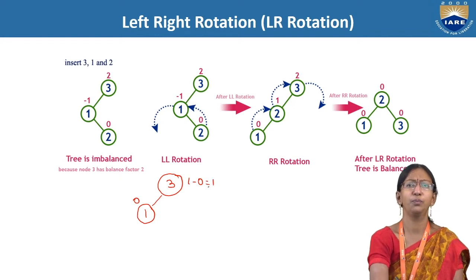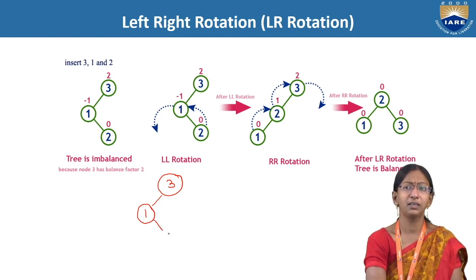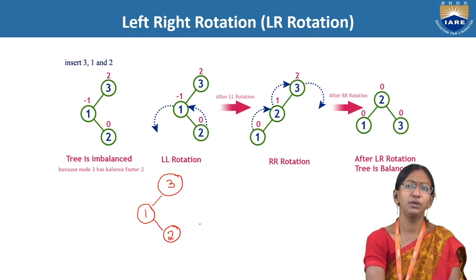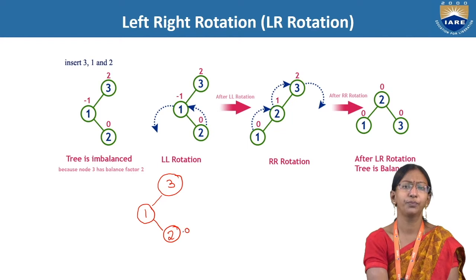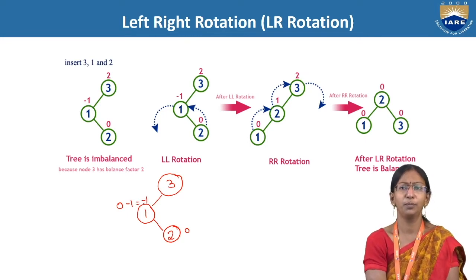Even now there is no problem. Now what if I want to insert 2? As 2 is less than 3 but greater than 1, it settles as the right child of 1. Now again calculate the balance factors. 2 is a leaf node, 0. 1, its left child 0, right child 1. So minus 1 is the balance factor, no problem.